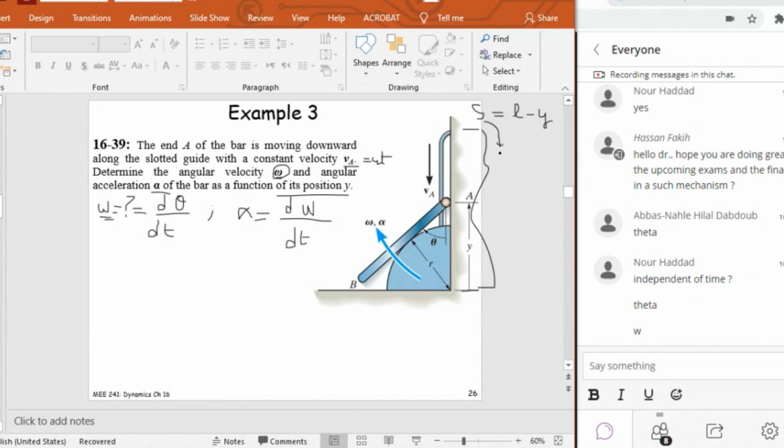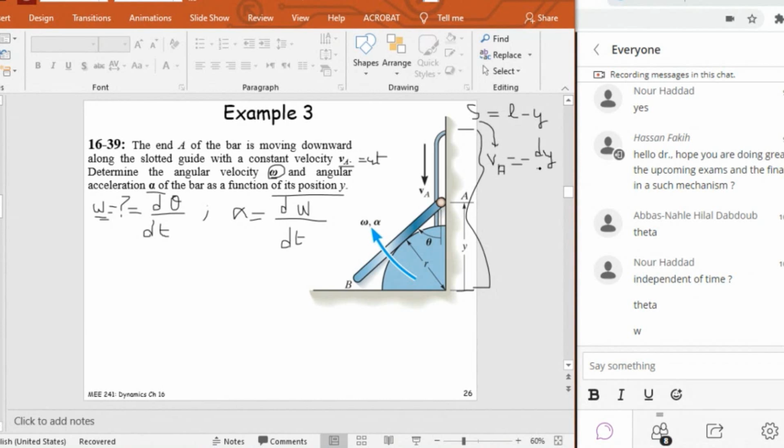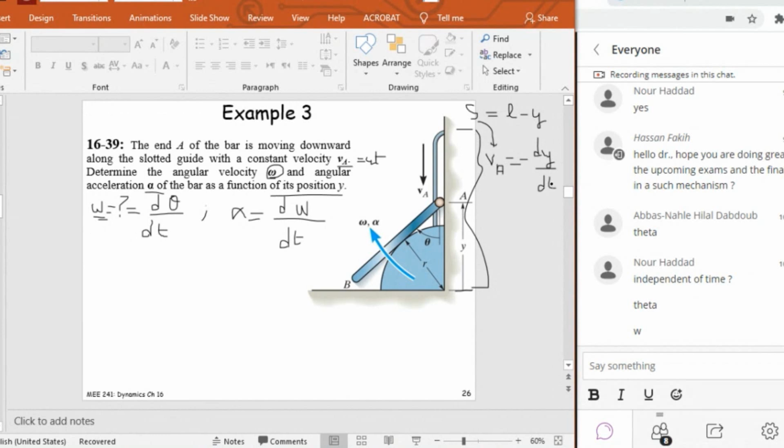This means that ds over dt, which is VA, is equal to minus dy over dt. Y is variable. VA should be equal to dy over dt with a negative sign because VA is downward and y is upward. So they have opposite directions, but they are equal. VA should be equal to minus dy over dt. And don't forget that this VA is constant, which means aA is equal to 0.